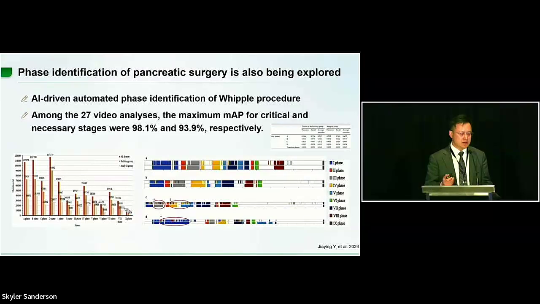And also we can see it's a little bit difficult for surgeons to do pancreatic surgery because it's the pearl of the crown. So we see the Whipple procedure. This is a study from China. They use 27 videos to make the analysis, and we can see it's a pretty good job.